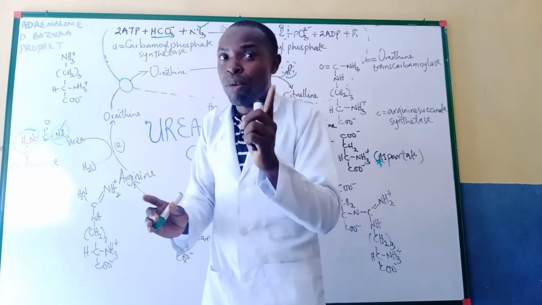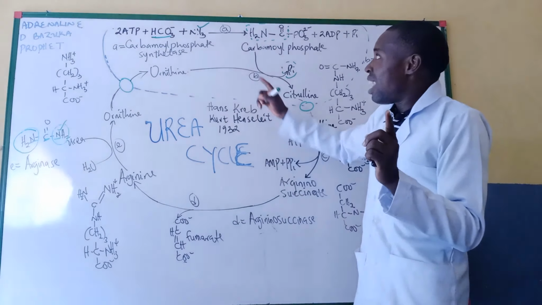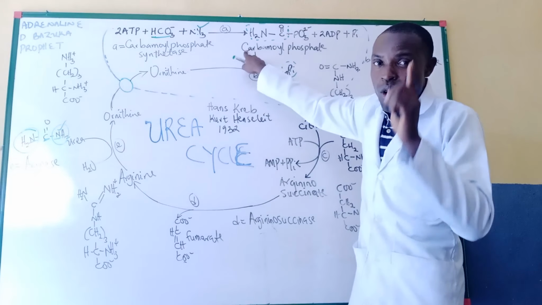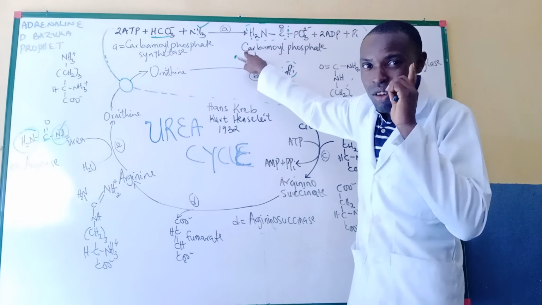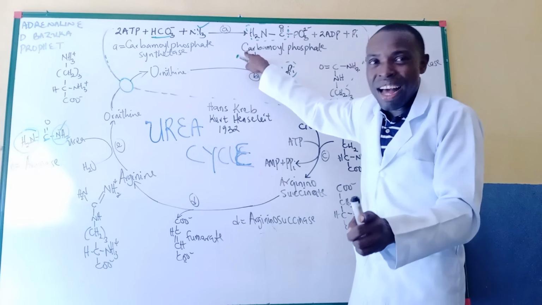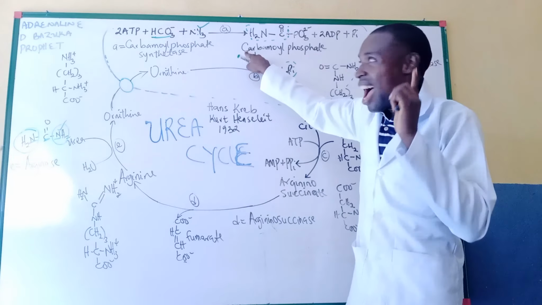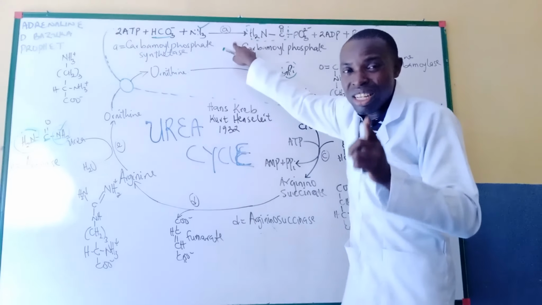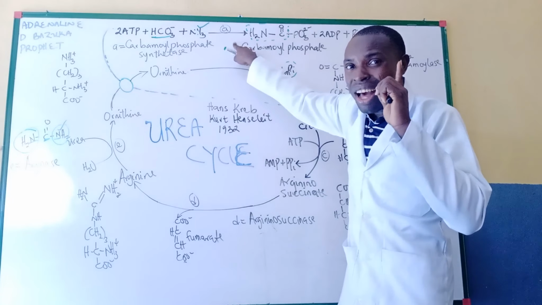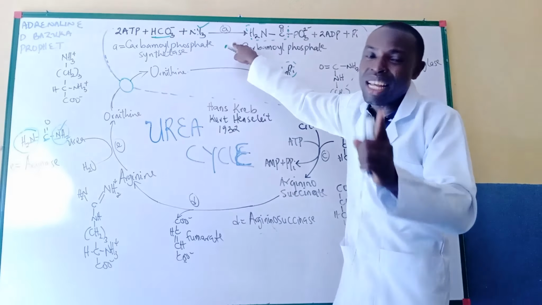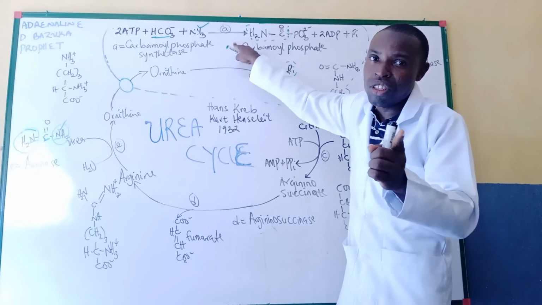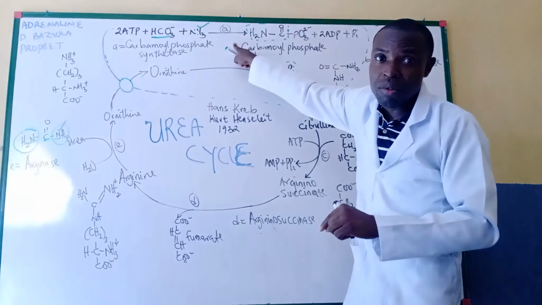Do not forget some basic points I told you earlier, that the urea cycle occurs exclusively in the liver. Don't forget. And that step 1 is an irreversible step and also the rate limiting step. As such, it's a regulatory step.